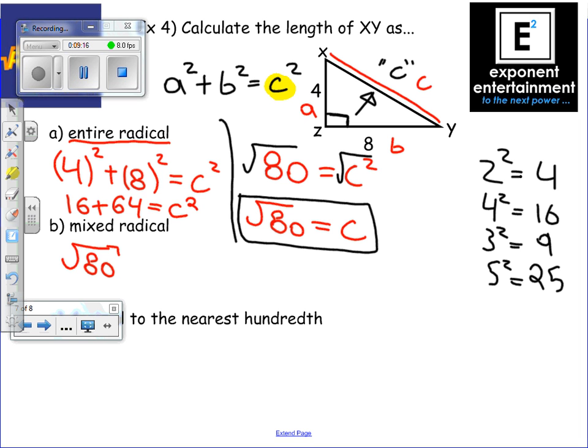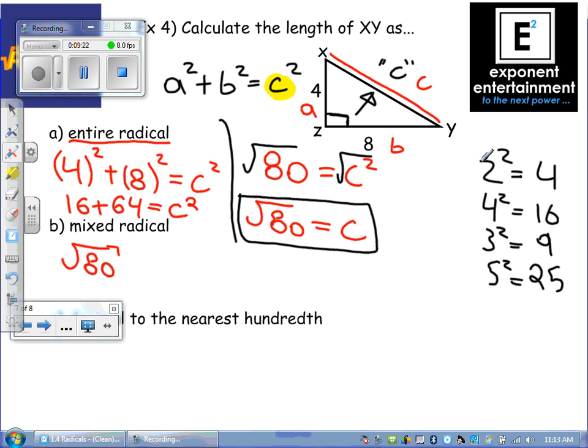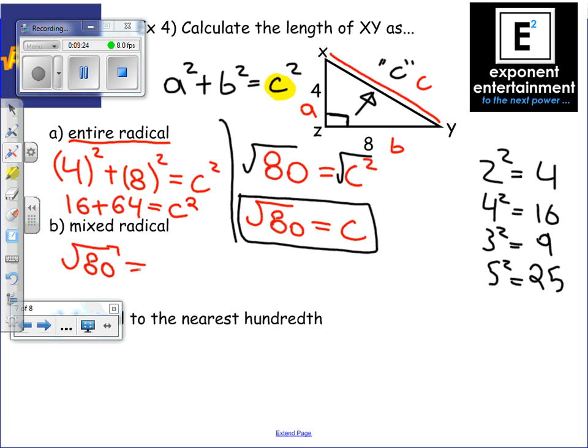Okay, what do you get as a remainder, Carter? 5. So 80 breaks into the square root of 16 times the square root of 5. And what is the square root of 16 actually equal to? 4. So your final answer is 4 times the square root of 5.